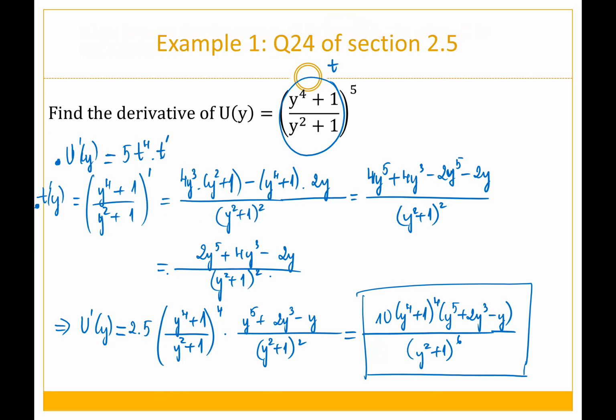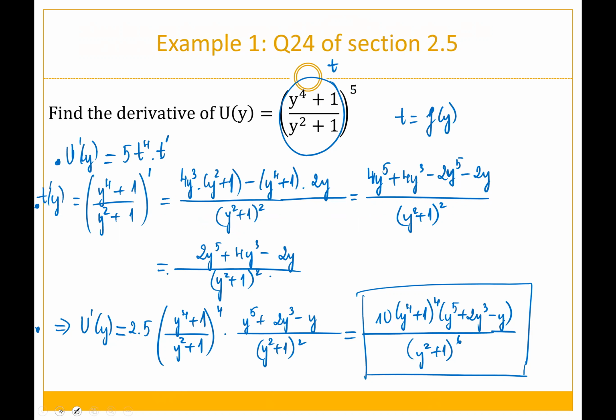But that is the answer, and the key here is just knowing how to use chain rule. Chain rule here is when I put the inner fraction as a value t, and t here is a function of y. Therefore, when you take the derivative of t to the fifth, you have to multiply by t prime as well, and this is t prime, this extra step.